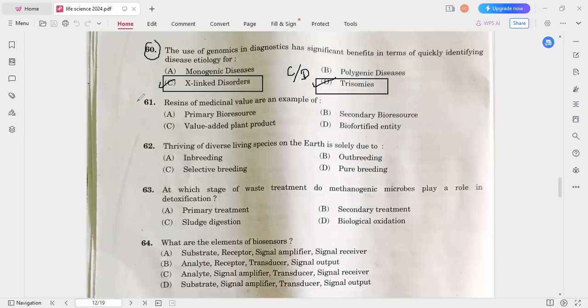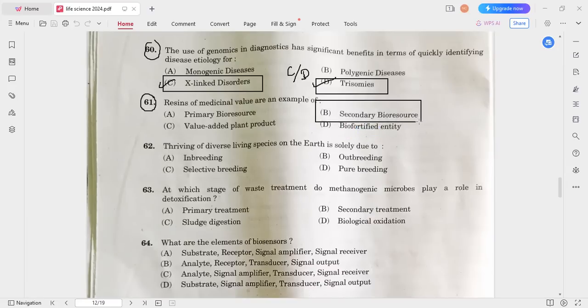Next question, question number 61. Resins of medicinal value are an example of what? Option A, primary, secondary, value-added plant product and biofortified entity. The answer for this question is option B, secondary bioresource.